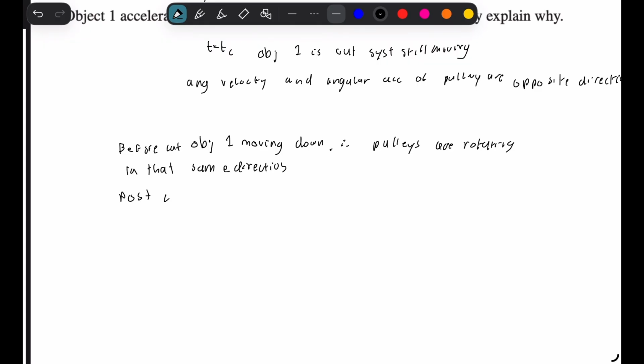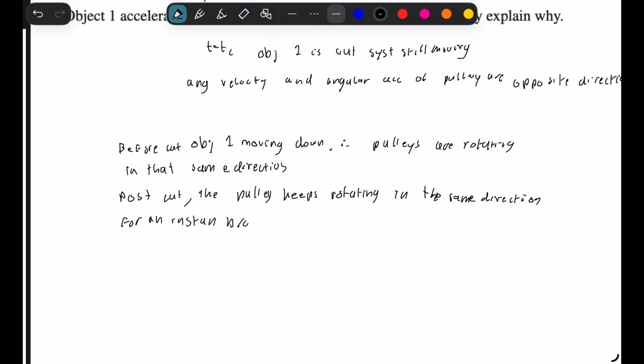But then post-cut, the pulley keeps rotating in the same direction for an instant, because your angular velocity, which is omega, doesn't change instantaneously.